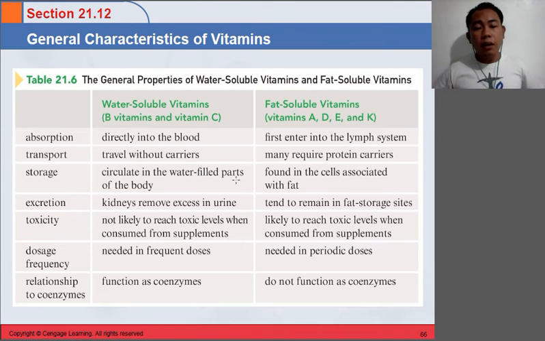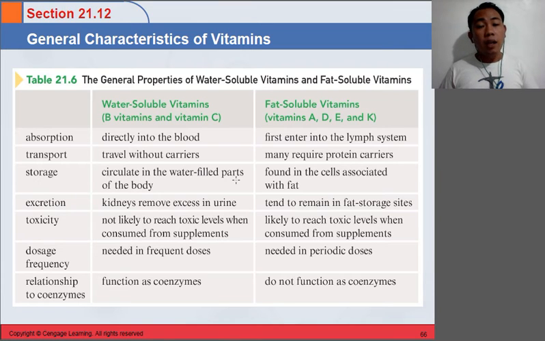The table here shows the general properties of the water soluble and fat soluble vitamins as to absorption, transport, storage, excretion, toxicity, dosage frequency, and relationship to coenzymes.